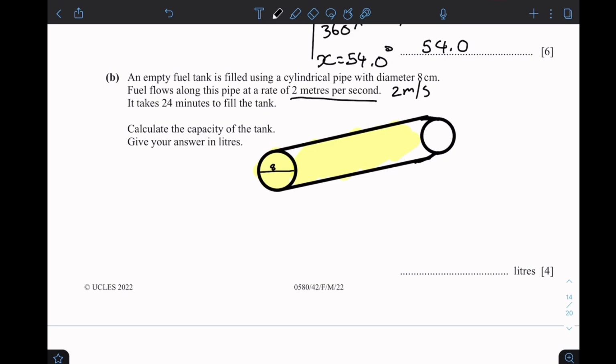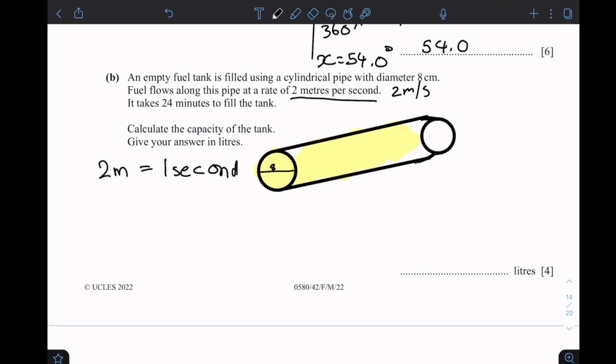And what you can do is basically you can figure out, okay, so we know 2 meters is equal to 1 second, right? But how much is 24 minutes equal to?